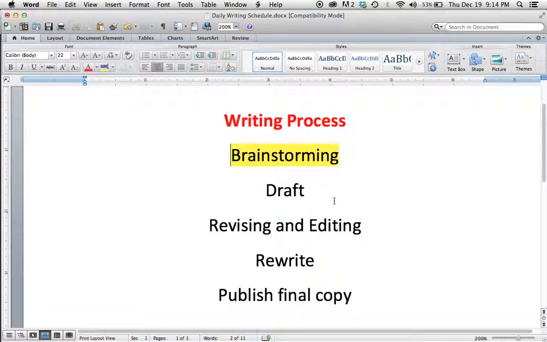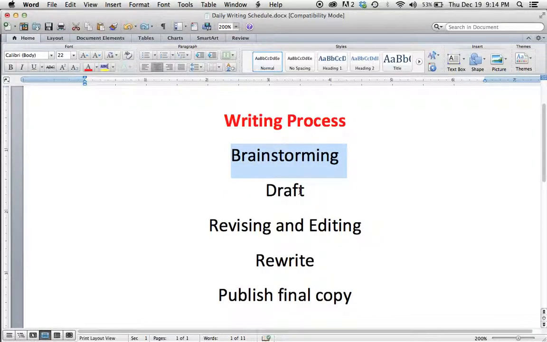During brainstorming, that's when you have a writing topic and yet you want to utilize a strategy to select an actual topic. So during the brainstorming, you're using strategies in order to select an idea or a topic to write about. And we'll talk about some of those strategies as we get going with class.